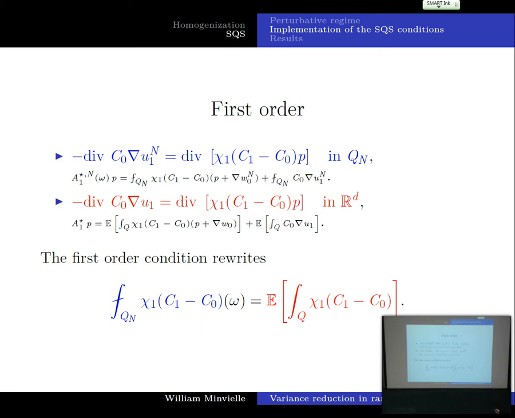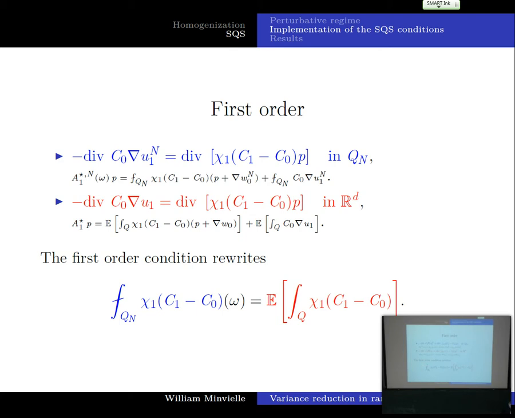Okay? And now I've got just this. And here, for similar reasons, this cancels out, and this is 0, and I've got just a condition at the first order, which is just like this.